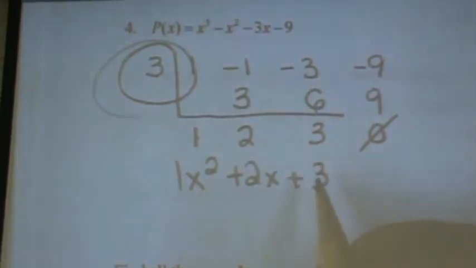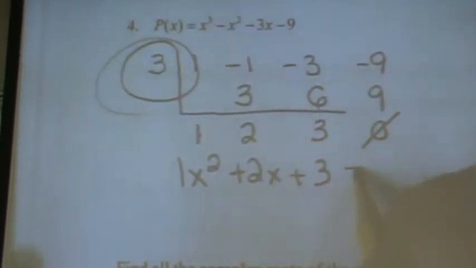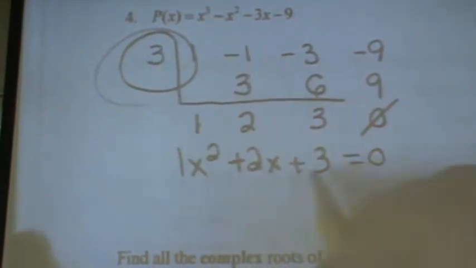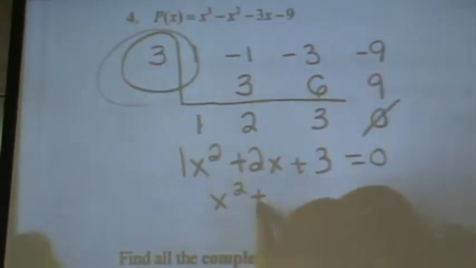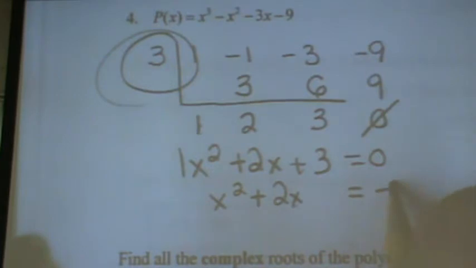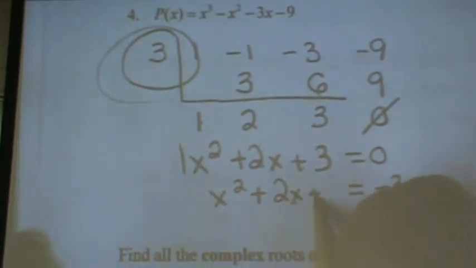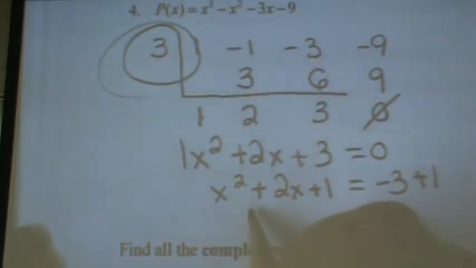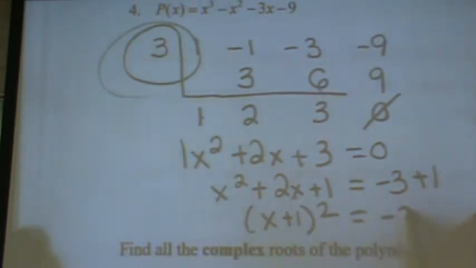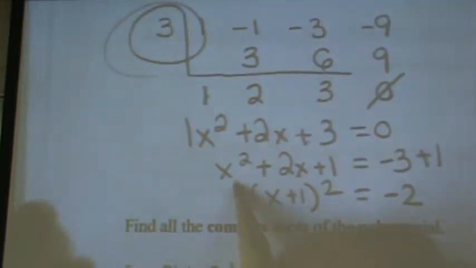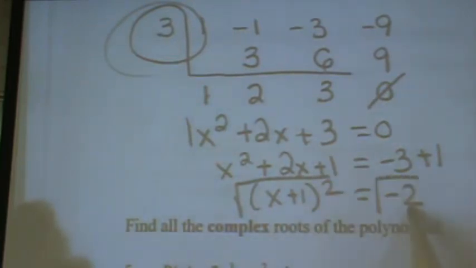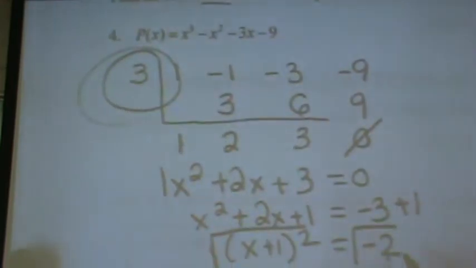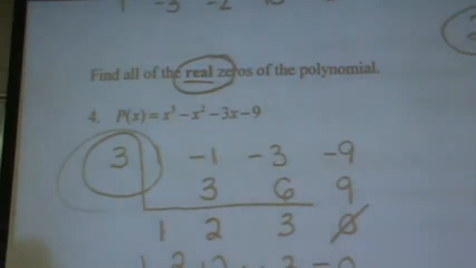So I use completing the square. I set this equal to 0. I subtracted 3. Now I took half of this and squared it. And right away I'm seeing what? What are you seeing right here? A square root under a radical. That's going to give you an imaginary number. Is an imaginary number a real solution? No, it's not.